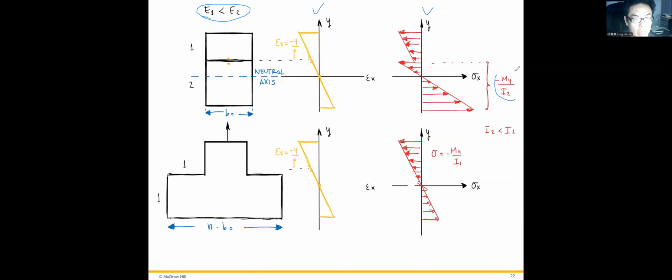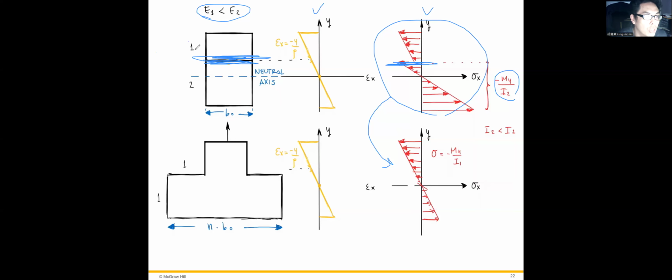Here is the normal stress of material two. How do we convert this plot to a linear relation? Because there's a Young's modulus difference right here, the stress is discontinuous at this interface. So how do we convert this situation into a linear relation?